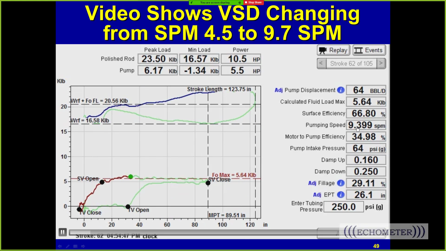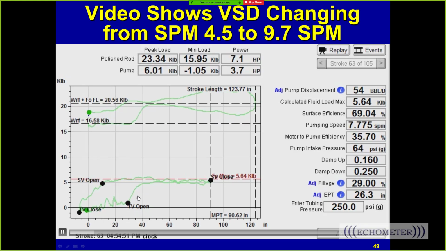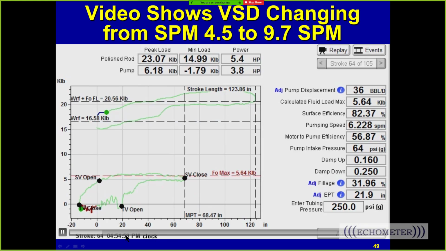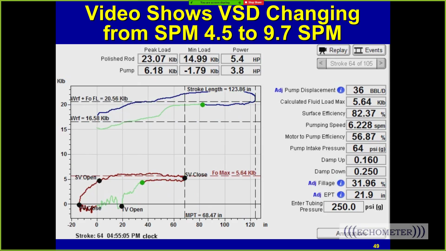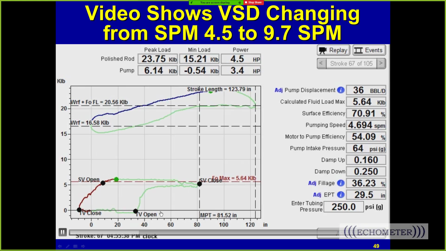As the variable speed drive or the pump off controller starts to register incomplete pump fillage, you're seeing the speed drop, and drop, and drop as the strokes continue. I'm going to speed up just a little bit here. And now we're going the slowest speed, about 4.7 strokes a minute, and we're pumped off.